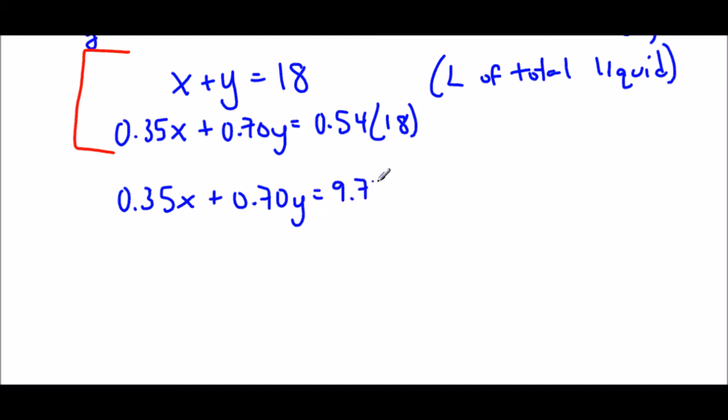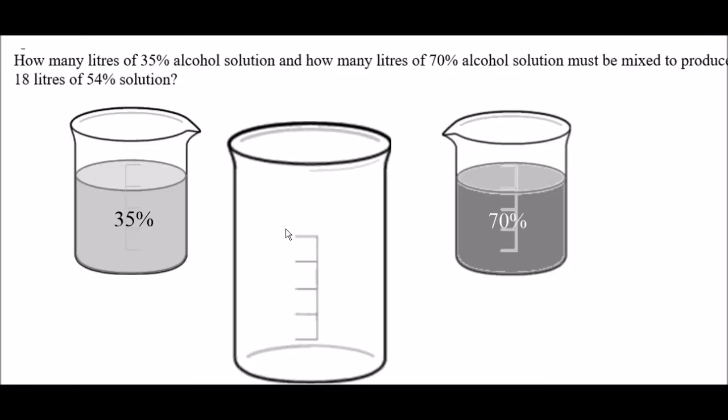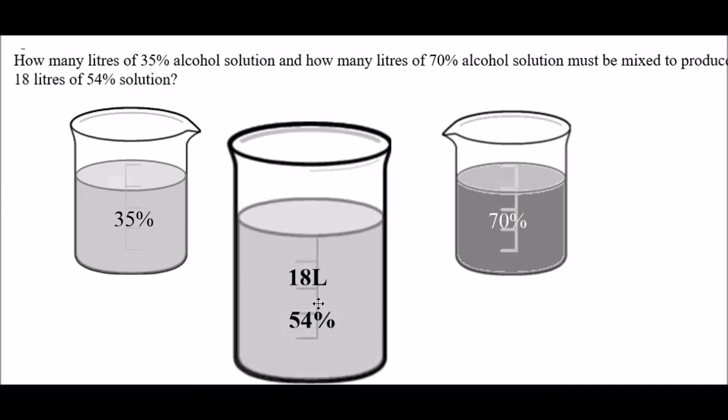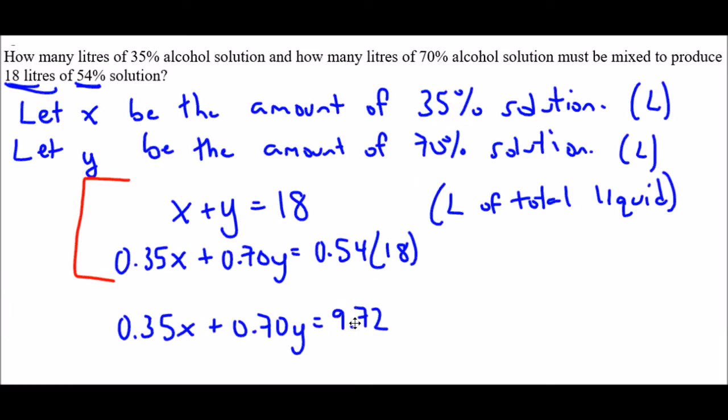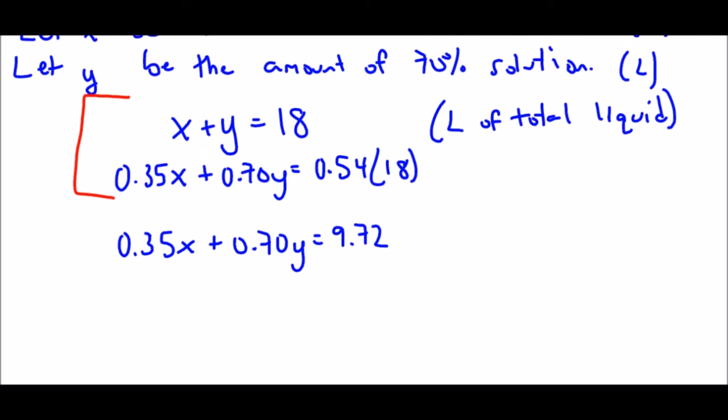Just to make sure that's understood, when this container has 18 liters of total solution in it, 9.72 liters, or 54%, will be pure alcohol, and the rest will be water. That's what the 9.72 is: 54% of the total, and the total is 18. So there's one equation I'm going to work with, and the other equation is still x plus y equals 18.